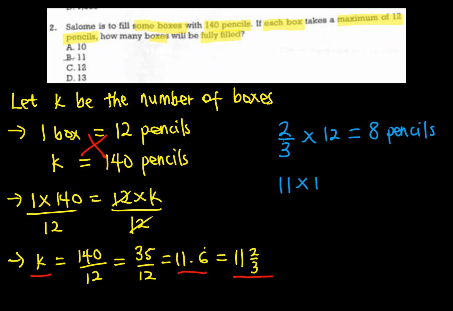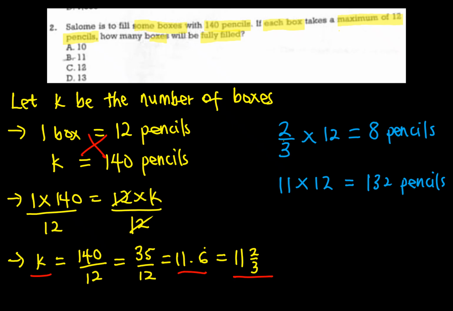If you multiply by 12, it means that that is going to be filled with 132 pencils, which means that if we add these boxes which contain pencils, we are going to get the 140 pencils which Salome is to fill.